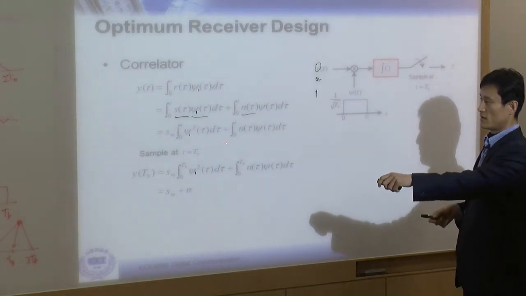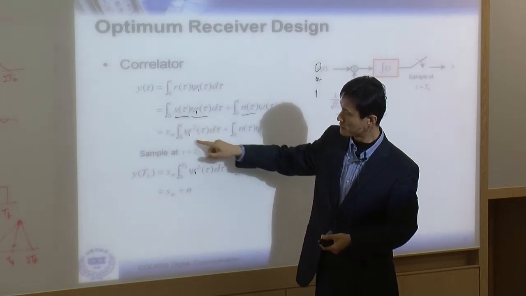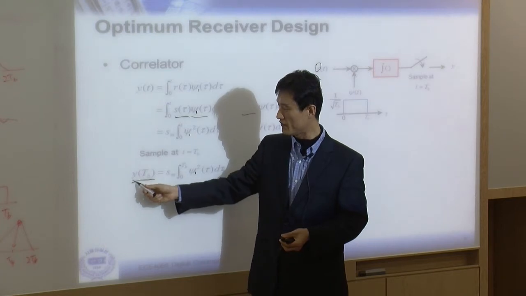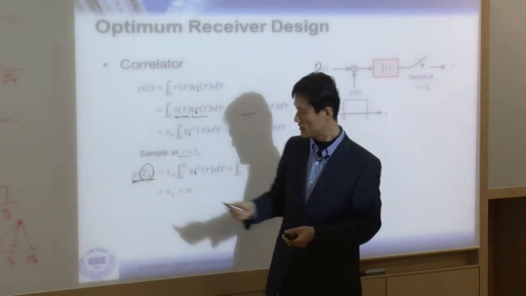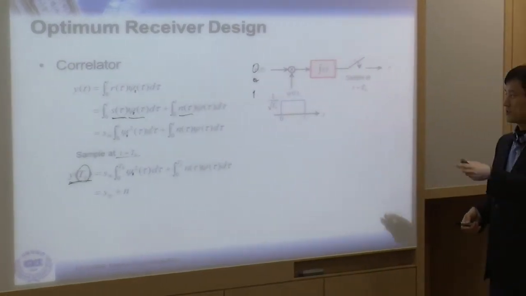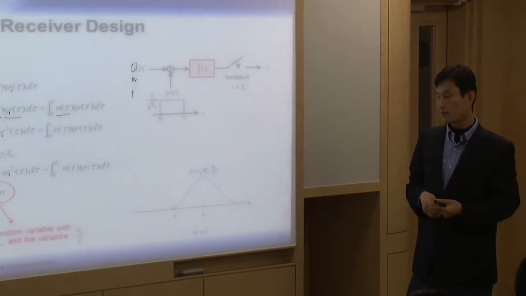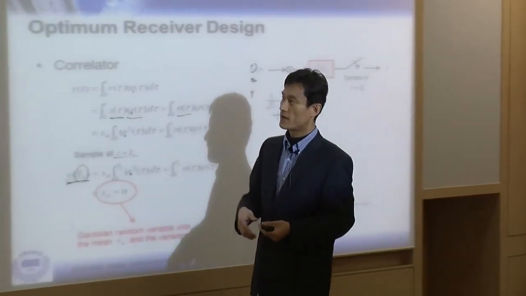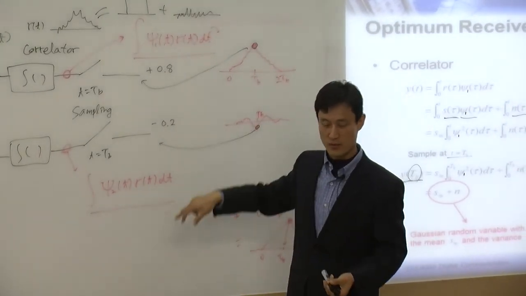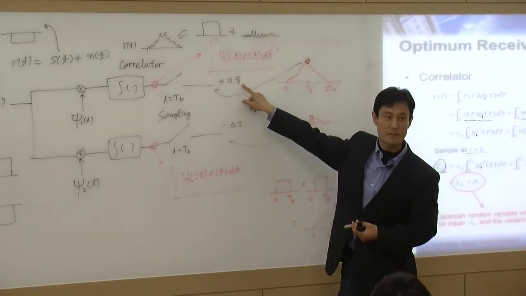After that you get this one and sample it right here, at T_b, and you're going to get this. That's simply the mathematical point of view. One thing we need to remember here is that I just gave you an example to help you understand, but this value, 0.8, is random.